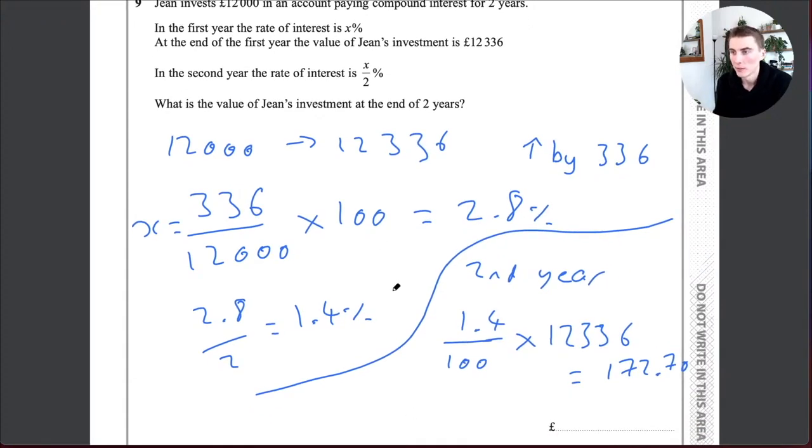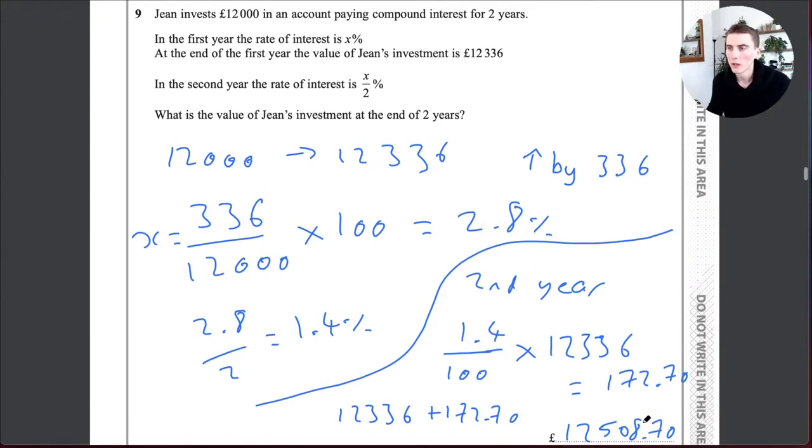So we do 12,336 add the 172.70. Again, we can do that on our calculator. And that gives us £12,508.70 in total.